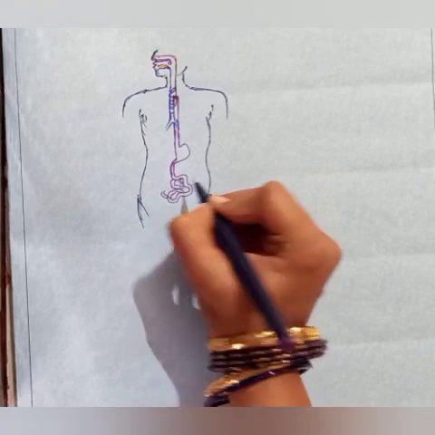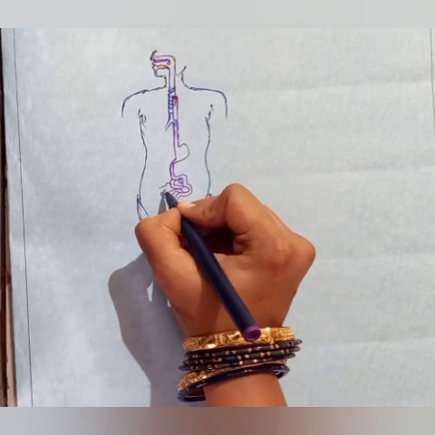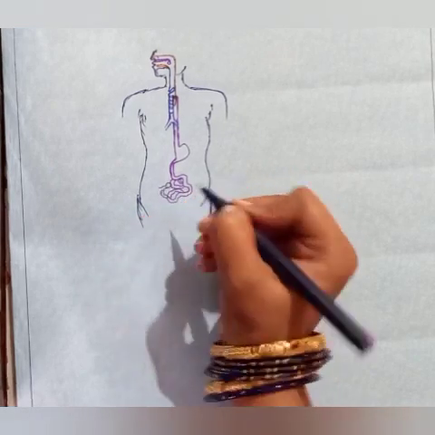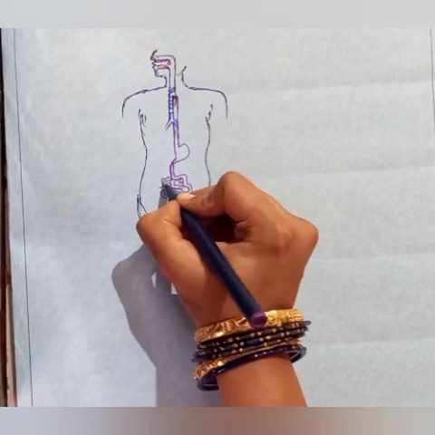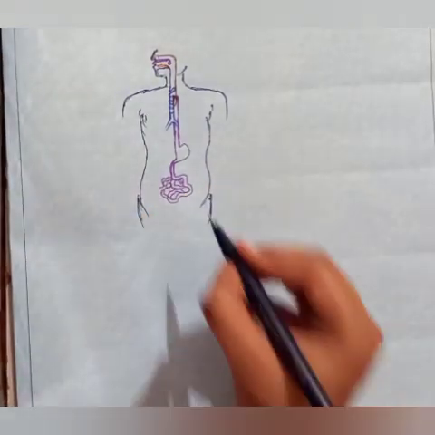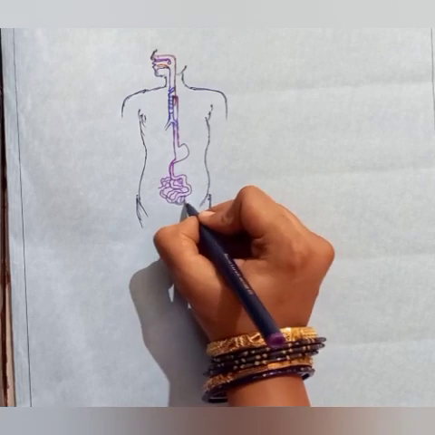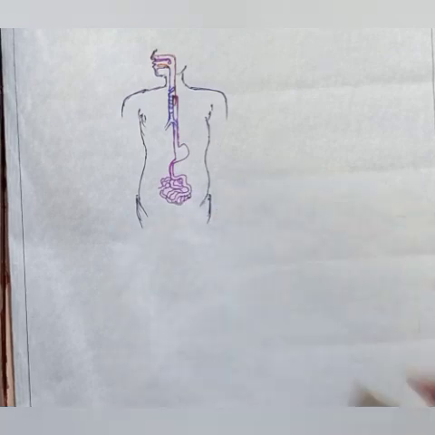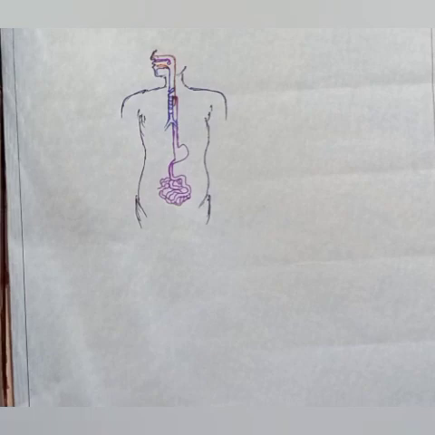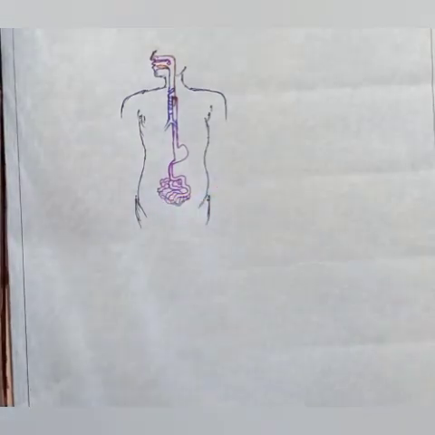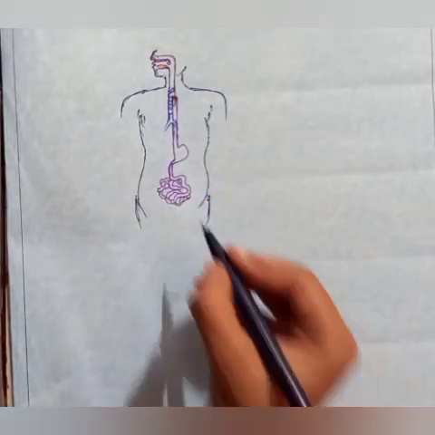So small intestine is a long coiled tube, and it is generally almost 7 meters long, and it helps in digestion. It's the most important part of our digestive system, right? So then, right, it's the most important part of our digestive system.